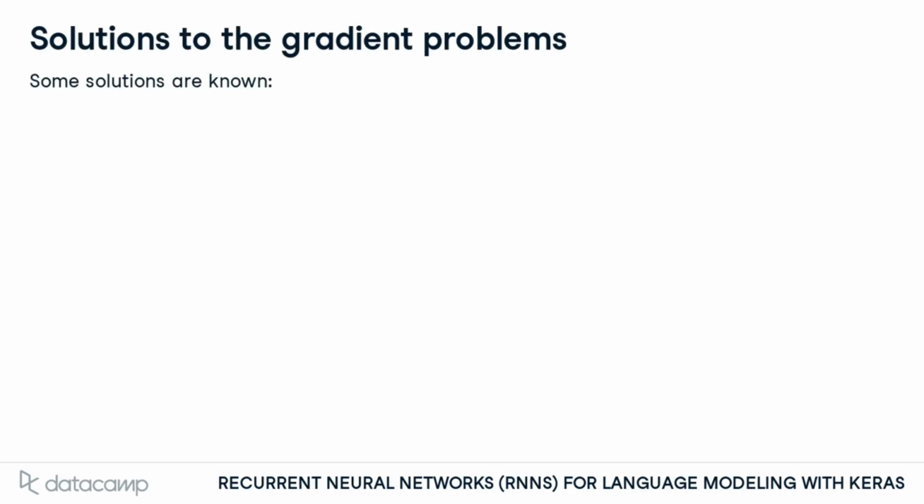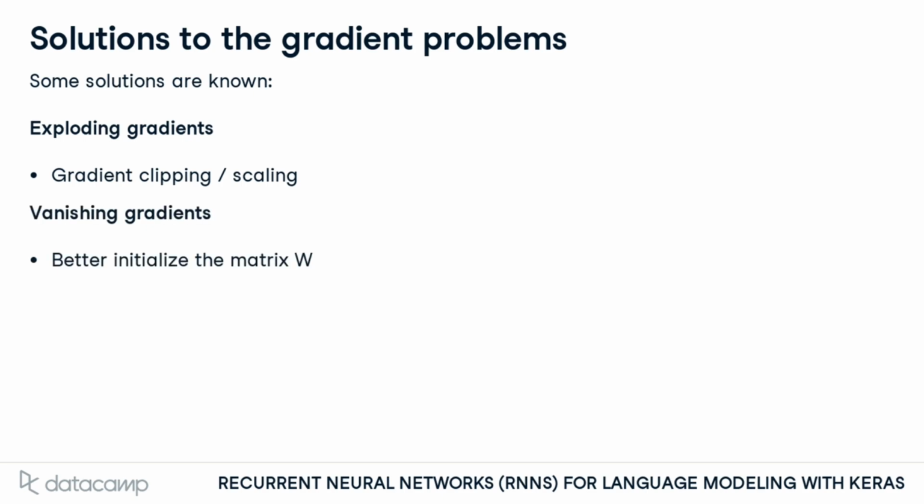Researchers found some approaches to avoid those problems. Limiting the size of the gradients or scaling them can easily help us avoid the exploding gradient problem. Initializing the matrix W as an orthogonal matrix makes their multiplication always be equal to 1.